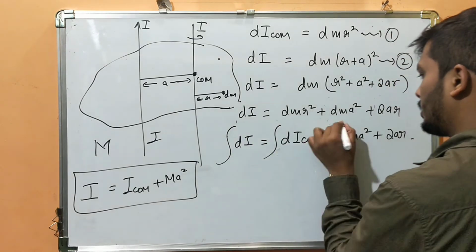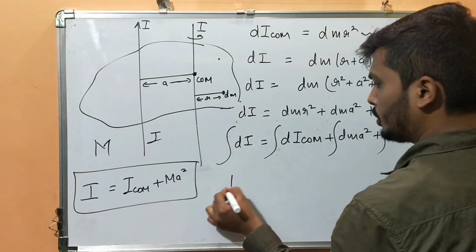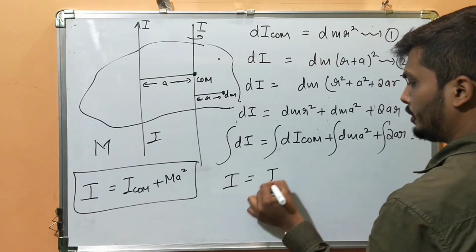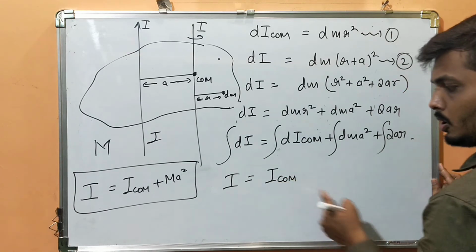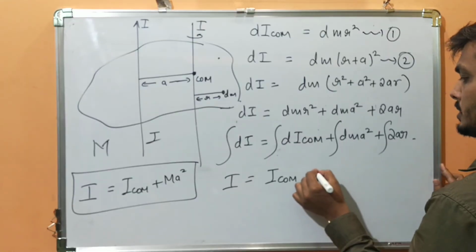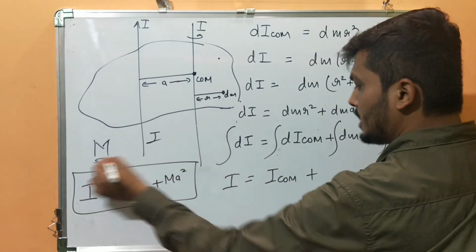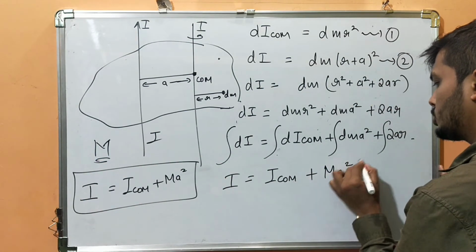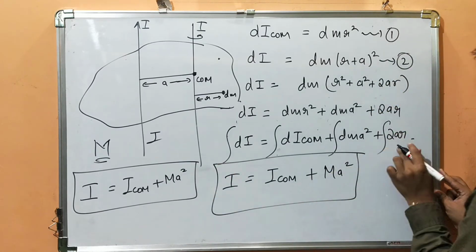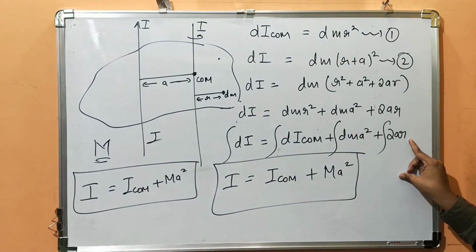So again integrate now. After integrating, what are you going to get? dI COM will give you I COM, or you can write I COG, plus this will be what? dm will give you total mass m a square. And this term is 0.